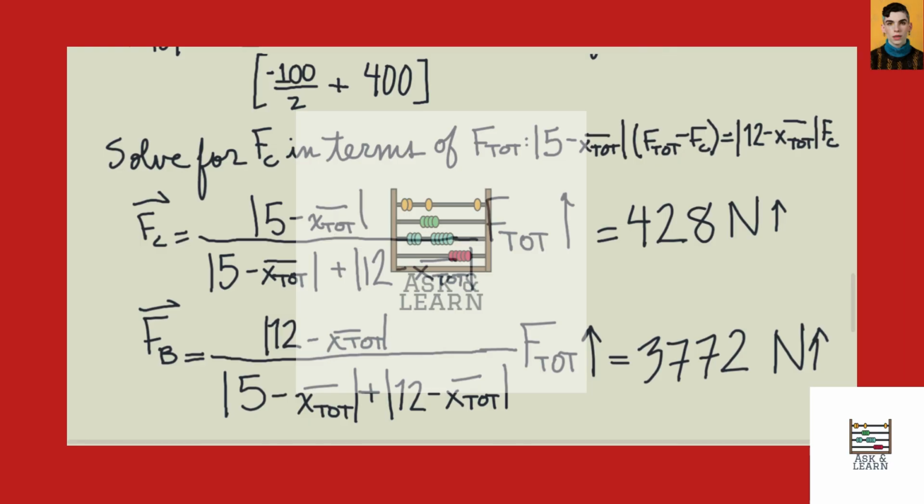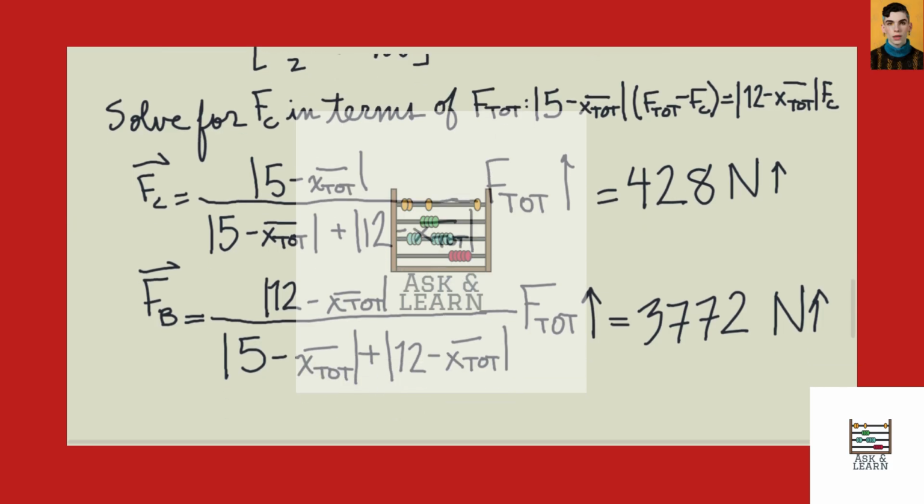That entire proportion is multiplied by the total load, and it's going to go in the opposite direction of the total load. So right now, to keep track of things, I'm going to put an upward arrow because the total load was pointing downward. Our forces must be in opposite directions. Working out those numbers, we have 428 newtons in the upward direction for the reaction force at support C.